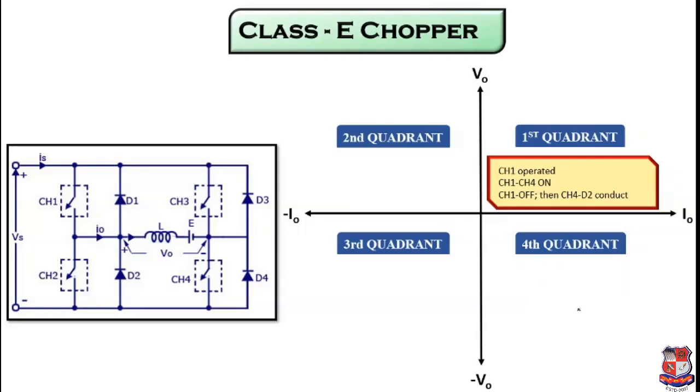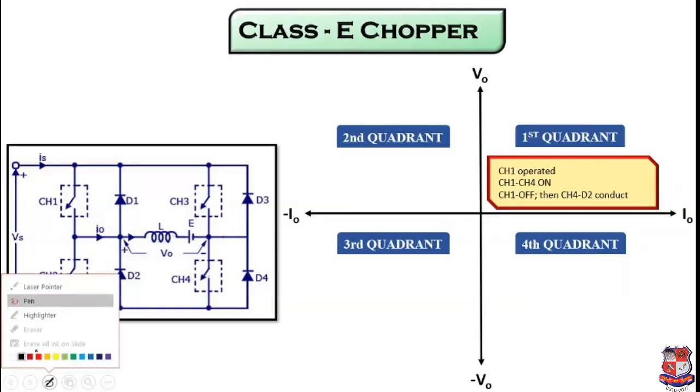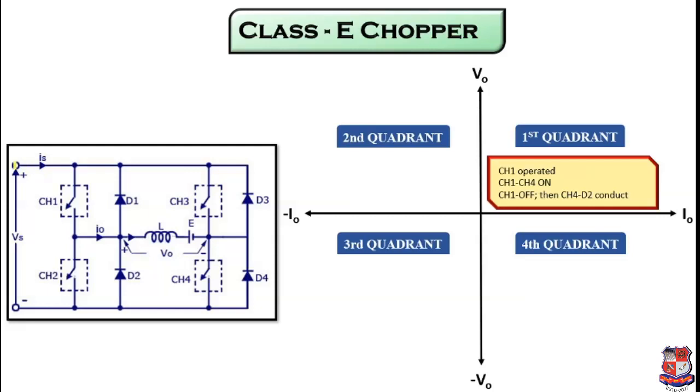So let me highlight the path. You have to operate from here, channel 1 over here, and then go over here in this channel 4 and complete the path. So this is the first mode.